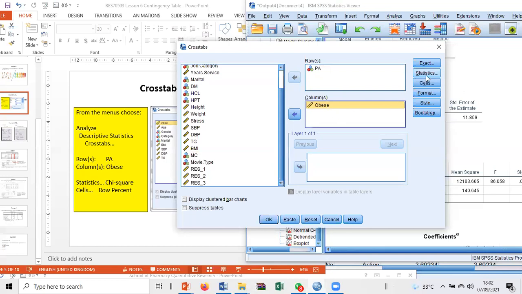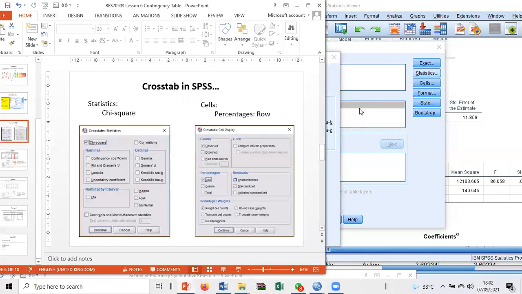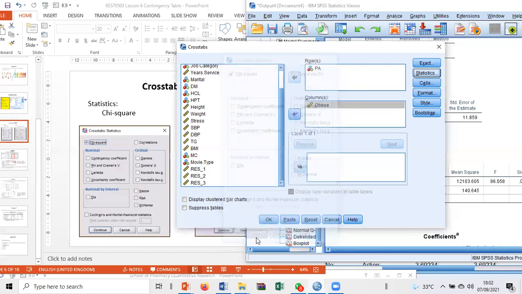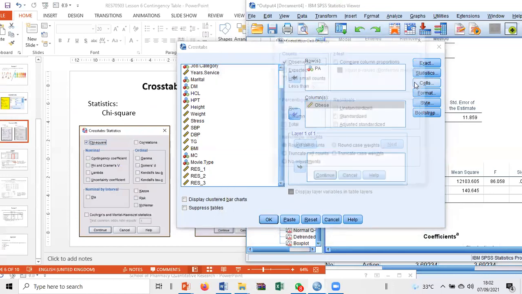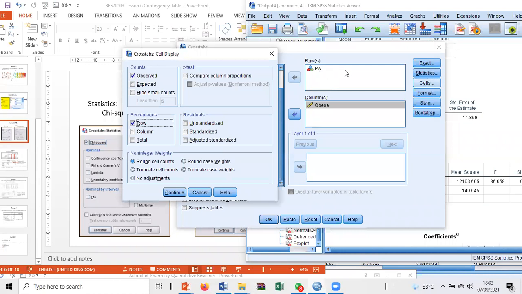Next, statistics. Click statistics and ask for chi-square. Continue. Go to cells. In cells, we ask for row percentage. Row meaning, for physical activity rarely, how many percent are obese. Follow this criteria.